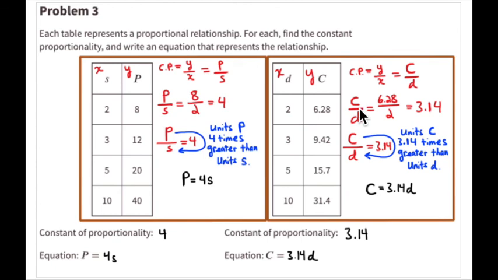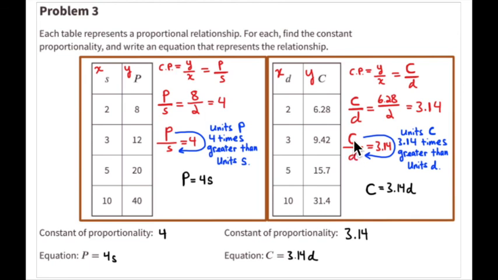And if you do that calculation, take c and divide it by d, divide it by 2, that equals 3 14/100ths. So 6 28/100ths divided by 2, 6 divided by 2 is 3, 28 divided by 2 is 14. So what does that tell you? It tells you that the units of c, or the circumference, is 3 14/100ths times greater than the units of d, or the diameter.